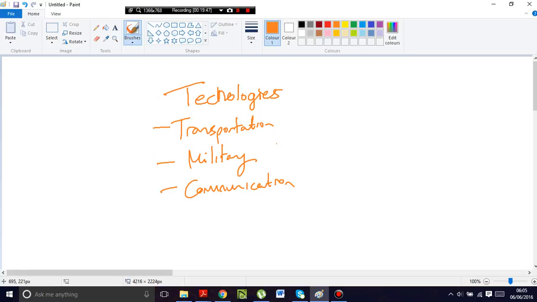And by the 1870s, the Europeans were also experimenting with machine guns. Steamships, of course, and the railroads facilitated communication technologies.